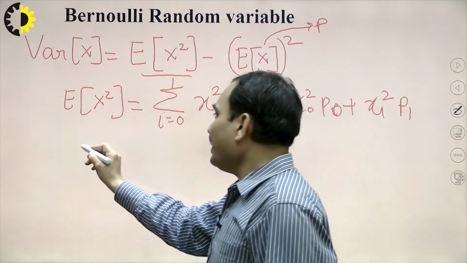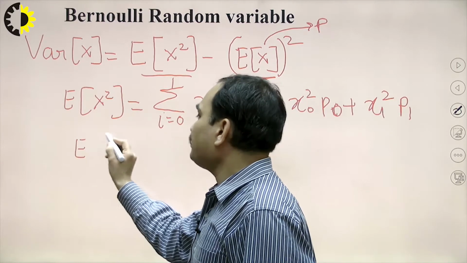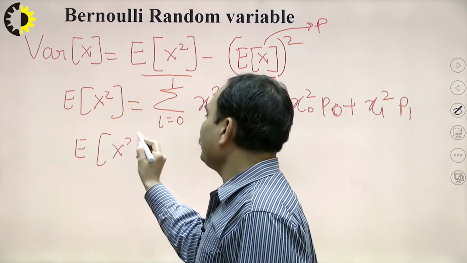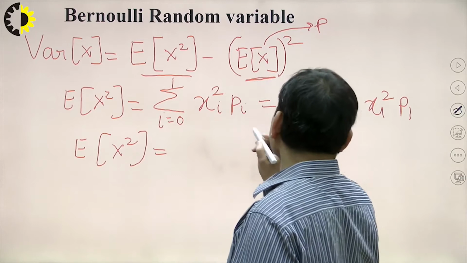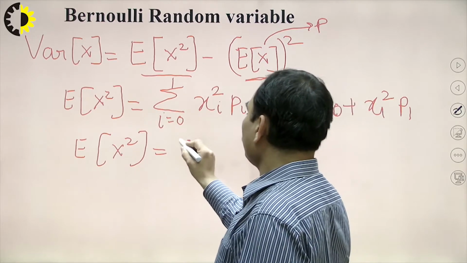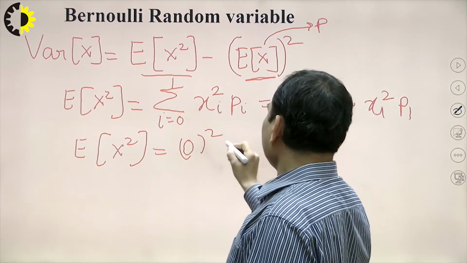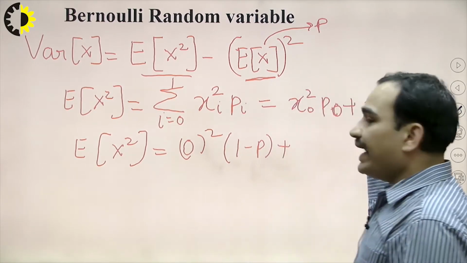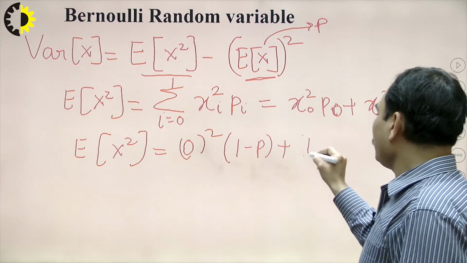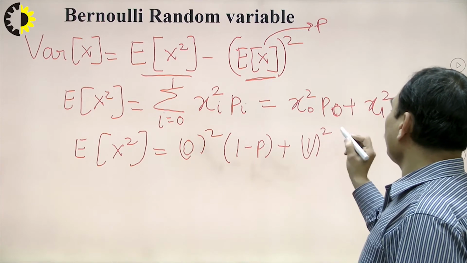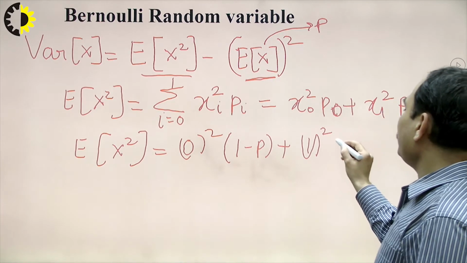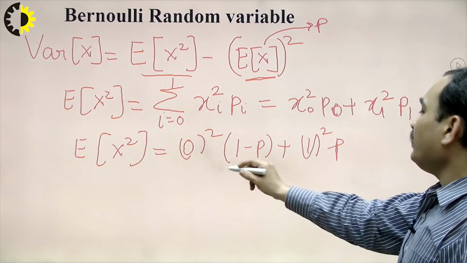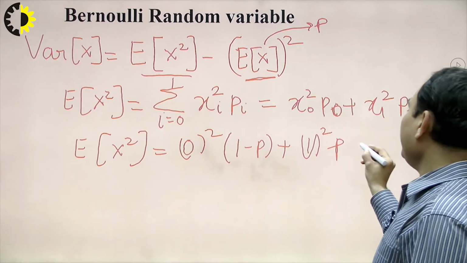Substituting the values, the expectation of x square is 0 times 1 minus p, plus 1 square, which is simply 1, times p. So what we are getting is simply again p.